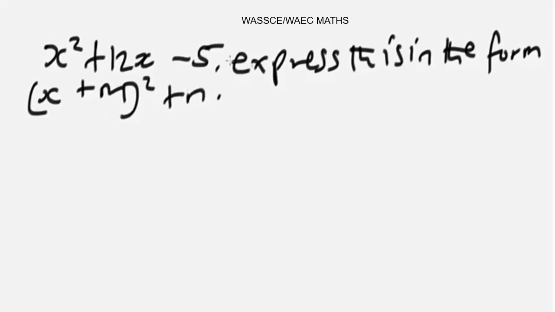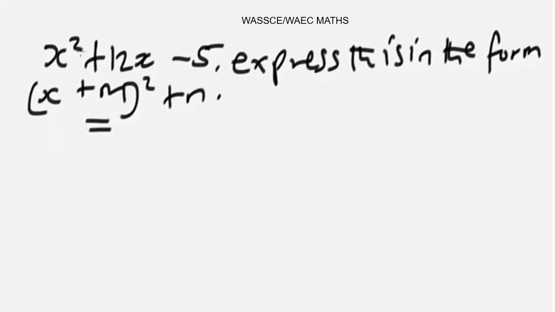So when you're given this kind of problem, a quadratic expression, and asked to express it in this form, this is the completing the square method, and let's begin with this.